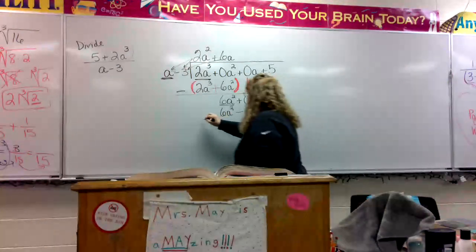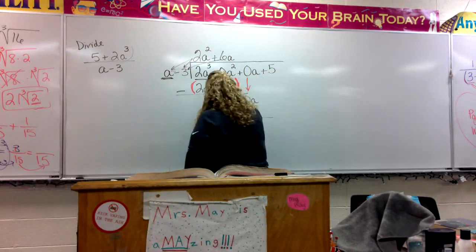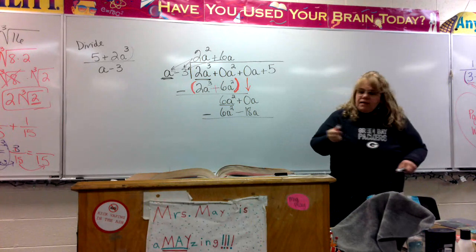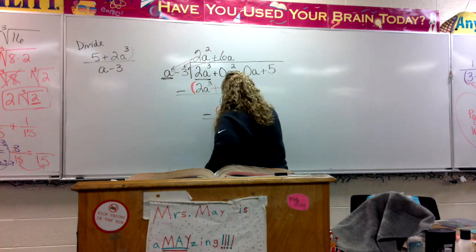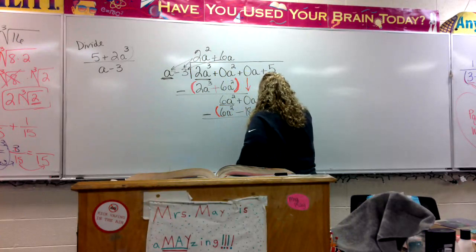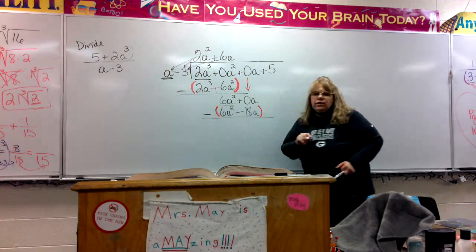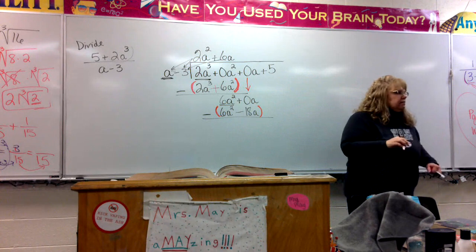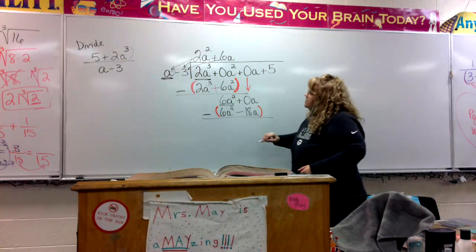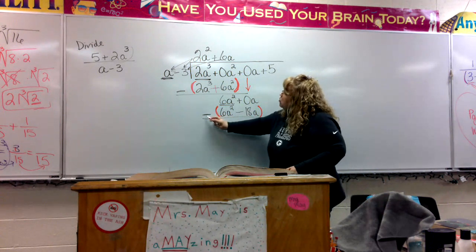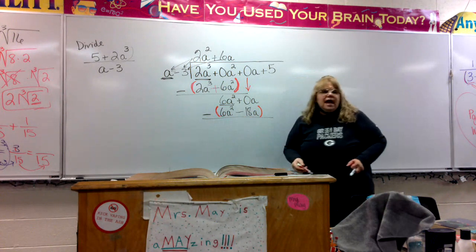And now we're going to subtract again. And make sure you remember, we're subtracting this whole thing. 6a squared, take away 6a squared. Nothing. Here we go again with this same thing, I'm subtracting negative. What is it like when you subtract a negative?